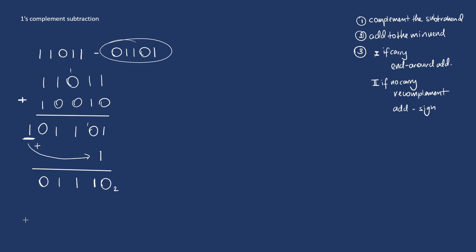Okay, that's correct. So we can say that 1, 1, 0, 1, 1 minus 0, 1, 1, 0, 1 is the same as 0, 1, 1, 1, 0 base 2. And that's 14 in base 10.